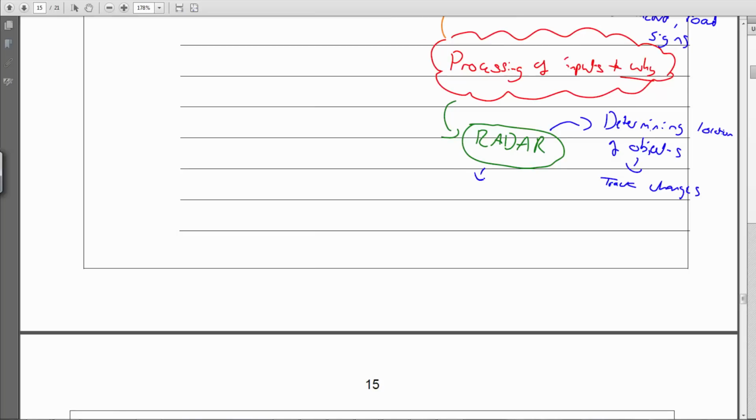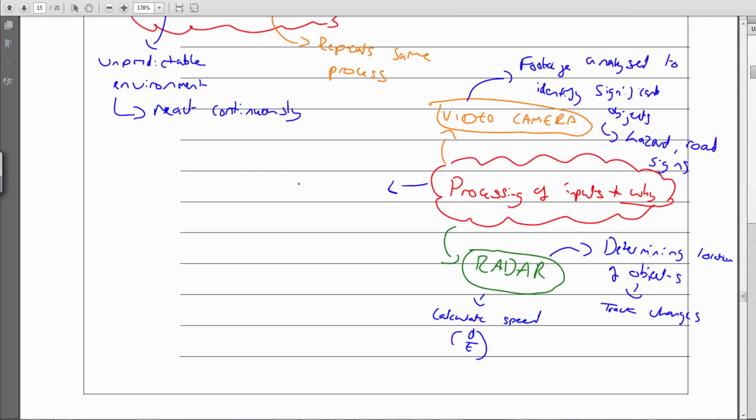So the processing that radar might have to do is to calculate the speed of nearby objects, which is going to be distance over time. So maybe actually the positioning will come from the GPS. The GPS will tell us the exact, or pretty much the exact, position of the car relative to the country or the road, and it will also tell us, for example, if you're nearing a roundabout or a junction, and it will help the car analyse when it's going to turn.